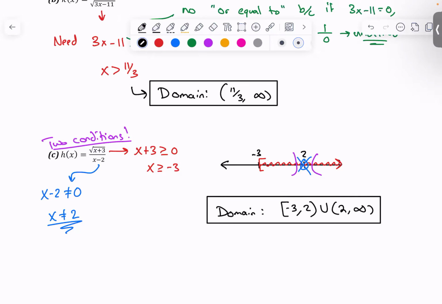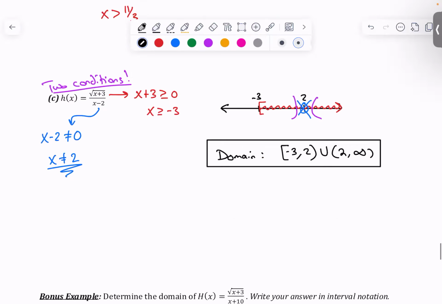Any questions on that? So it has two conditions. We can do this in a bunch of different problems too. It always ends up being that all the conditions need to be satisfied. If one of them is not satisfied, the whole thing's undefined. Any questions on that?